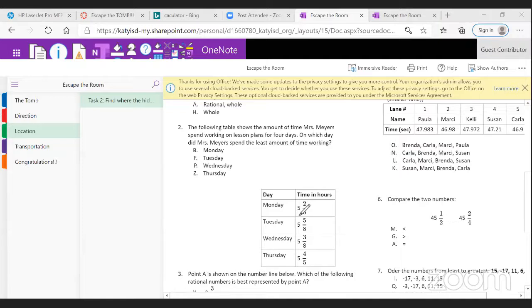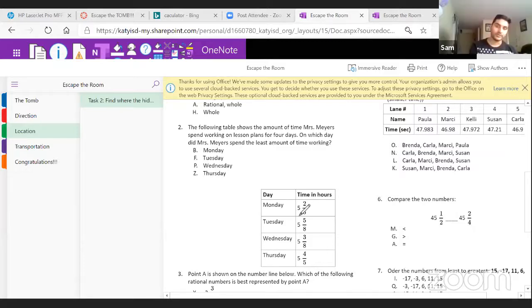Okay, I'm gonna do it. And then it goes 5.4, 5 and 5/8, 5.6.